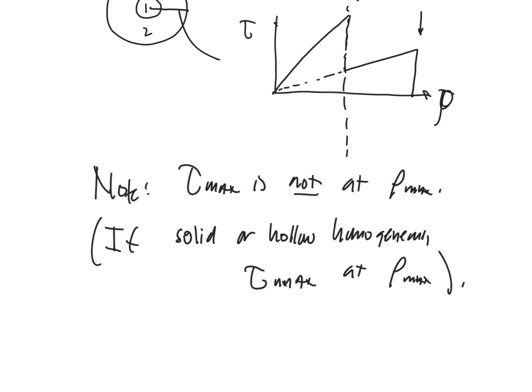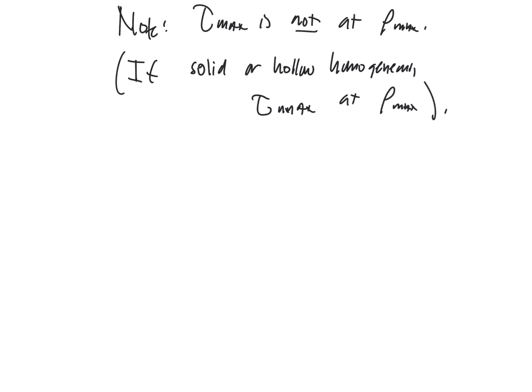But if we do have a composite, then that's not necessarily going to be the case. So those are the formulas that you should really have committed to memory since our first exam. So make sure you're keeping up with those and you're keeping your sticky note.